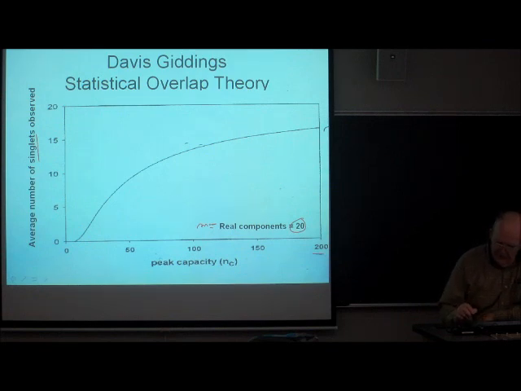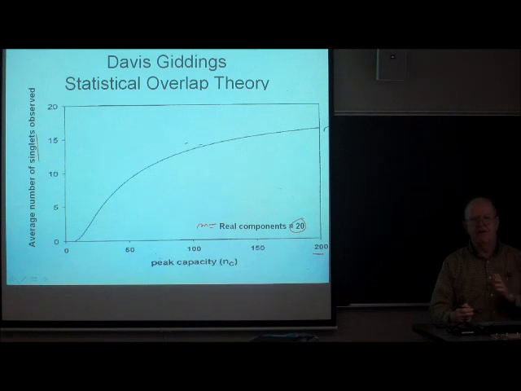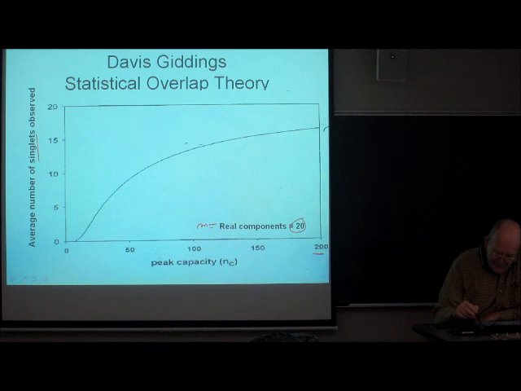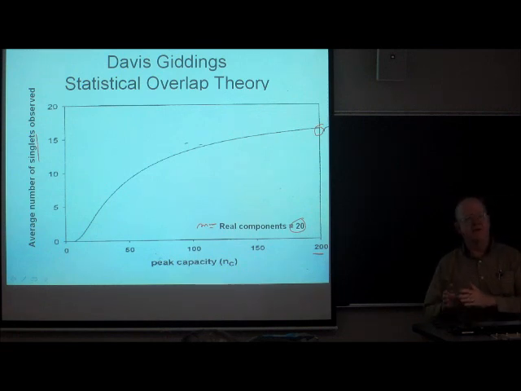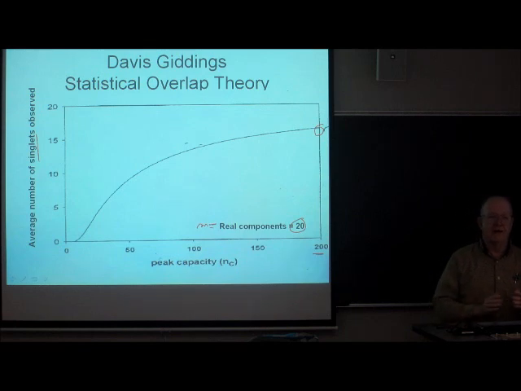Even if we go all the way out here to a peak capacity of 200, 10 times the number of components, we're still going to see considerably fewer than 20 pure peaks. It's on the order of 16 pure peaks when your peak capacity is 10 times higher than the number of components. This is not a favorable situation.